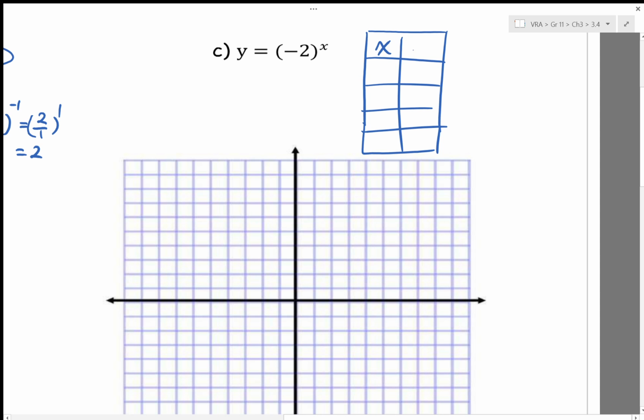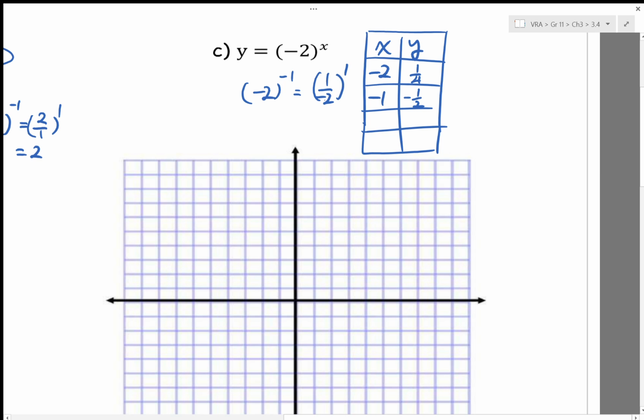So x and y. Let's say x was negative 2, so it's negative 2 to the power of negative 2, that is actually 1 over 4. Now negative 2 to the power of negative 1 gives me negative 1 over 2, right? Because negative 2 to the power of negative 1 is 1 over negative 2 to the power of 1.